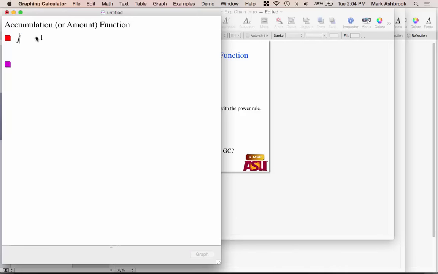So the accumulation or amount function was square root of x. Okay? And by algebra, the derivative we got was, so let's just call that, what should we call that?